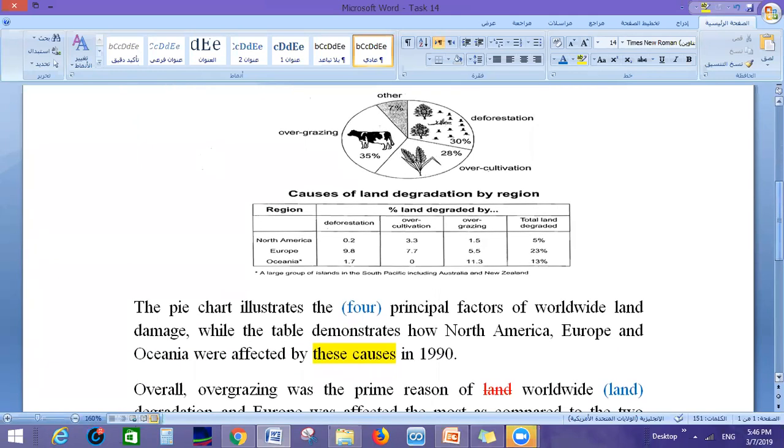Then when we move on to the table, it would probably be better to be comparing the highest number and the lowest number. The highest number being 23% overall. So this is the total land degradation, so we have 23% here. And the lowest being North America at 5%.